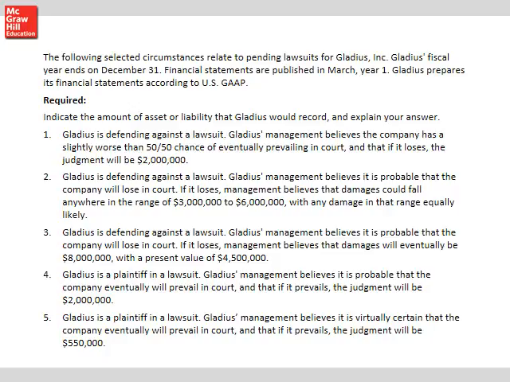Gladius's management believes it is probable that the company will eventually prevail in court, and if it prevails, the judgment will be $2 million. And number 5, Gladius is the plaintiff in a lawsuit. Gladius's management believes it is virtually certain that the company will eventually prevail in court, and that if it prevails, the judgment will be $550,000.